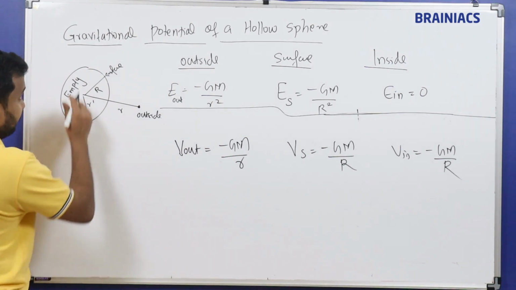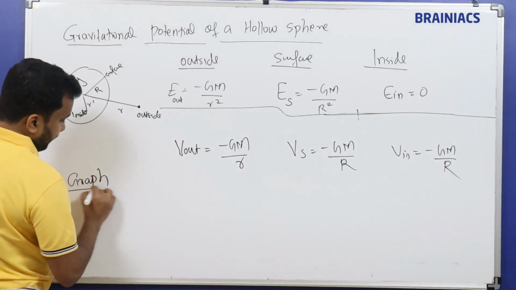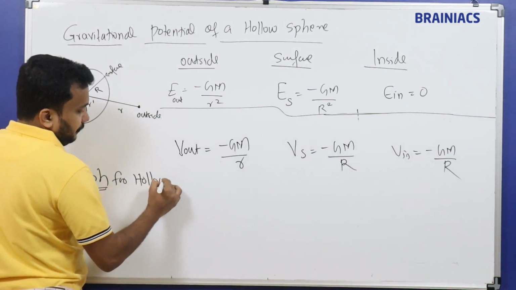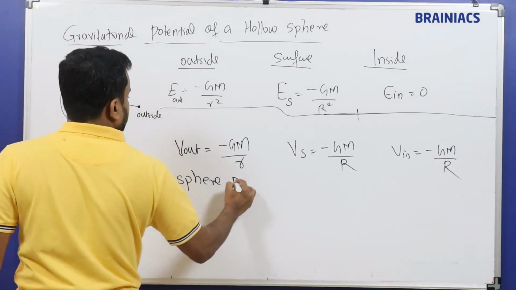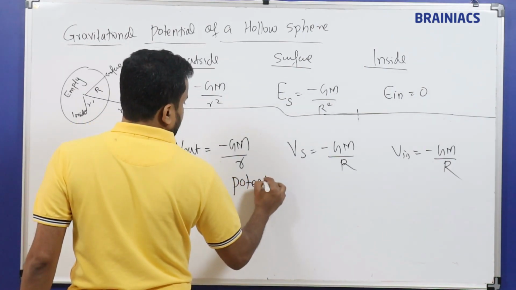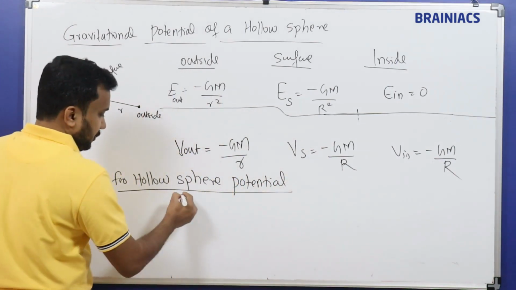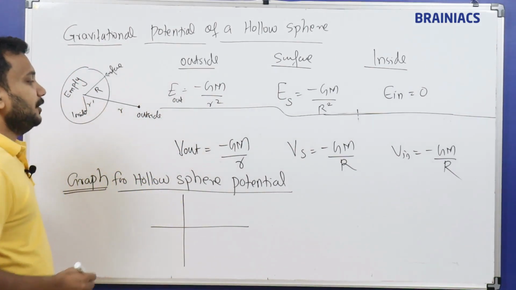Okay, now we will do some graphical representation. Write the heading for the hollow sphere: graph for hollow sphere potential. So let's draw the graph like this. We know it's a negative value.